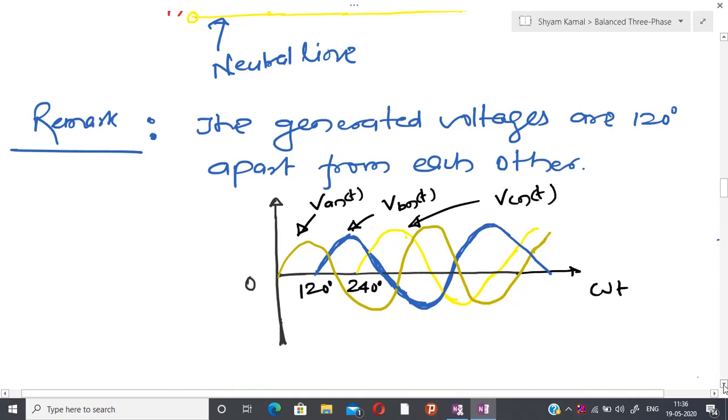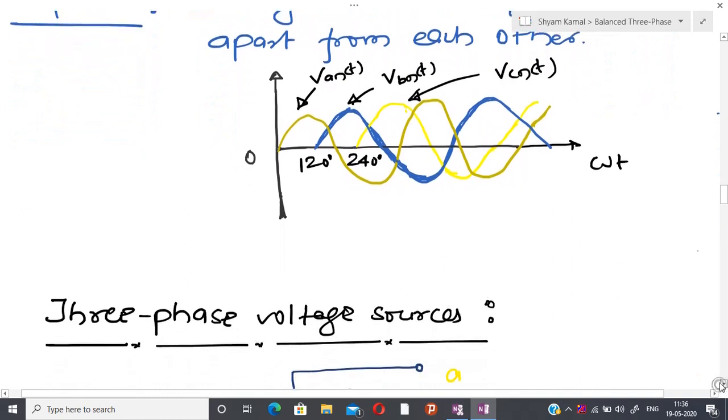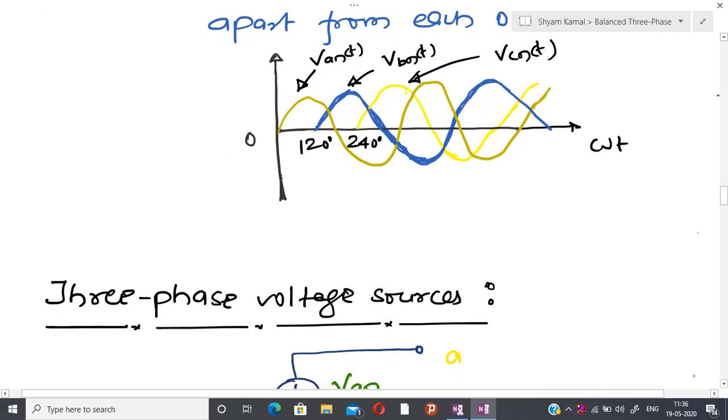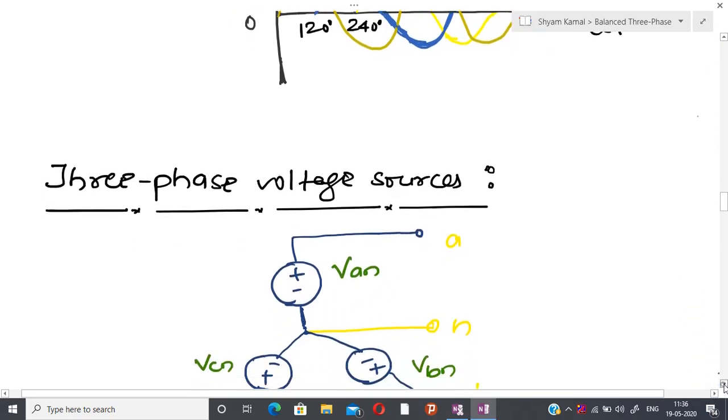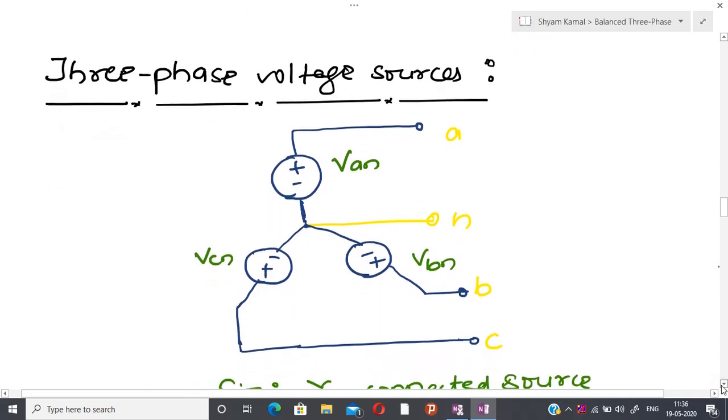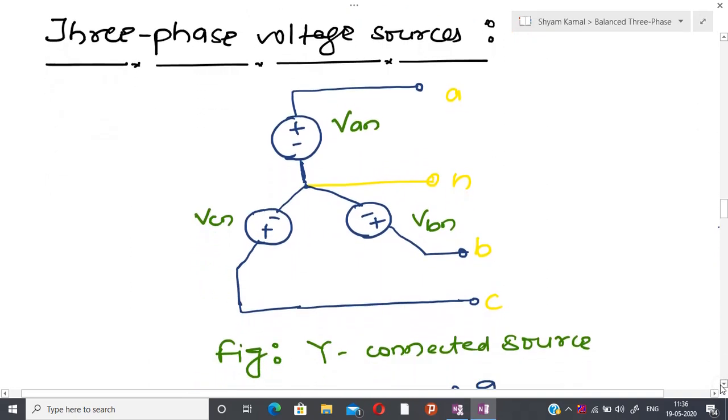Now if you see the typical three-phase system, that three-phase system consists of three voltage sources connected to a load by 3 or 4 wires. So basically here I am going to talk about the three-phase voltage sources.